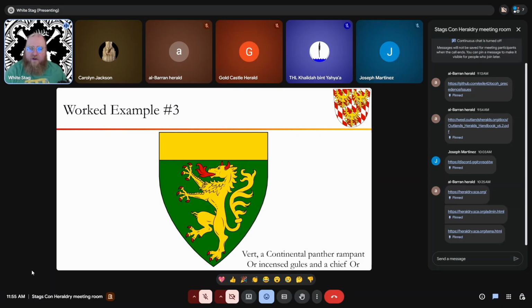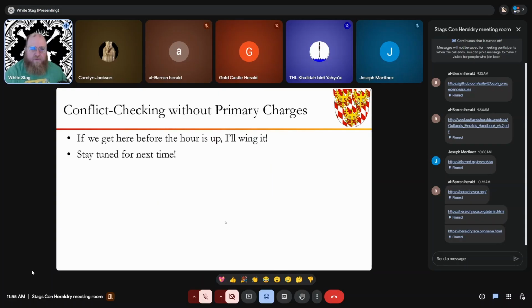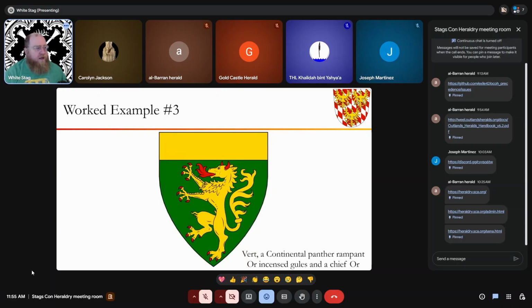Then there is a more cat-like one, which has spots. That is an English Panther, or just a Panther. And then there is a natural panther, which we usually blazon as an ounce, which is like an actual big cat panther, which does not have spots.